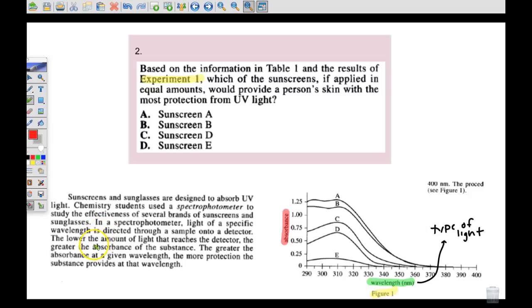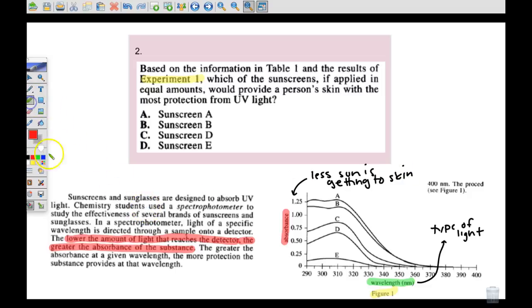So the absorbance is actually from that spectrophotometer, rather, and a prior reading says the lower the amount of light that reaches the detector, the greater the absorbance of that substance. So the greater the absorbance, the less sun is getting to my skin, because it's being absorbed by the sunscreen itself.